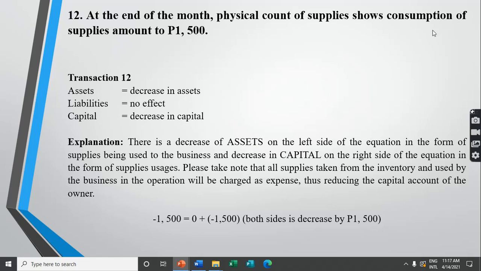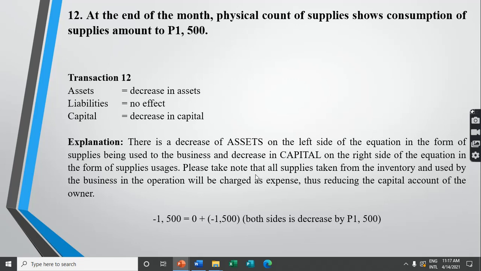So, there is a decrease of assets on the left side of the equation in the form of supplies being used to the business and decrease in capital on the right side of the equation in the form of supplies usages. So, please take note that all supplies taken from the inventory and used by the business in the operation will be charged as expense.